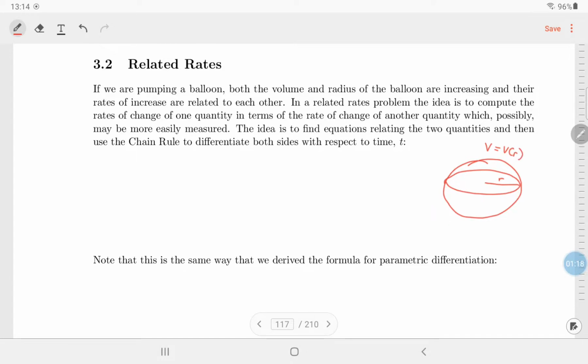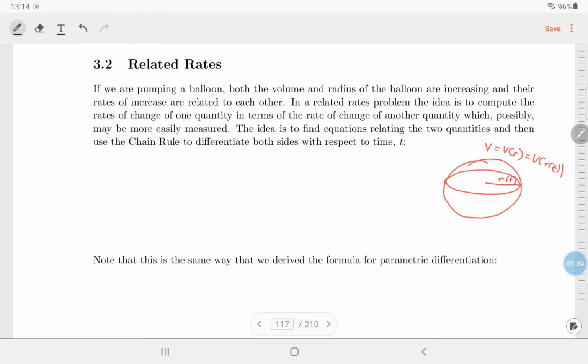But if there's a change in time, you have the volume as a function of radius, but the radius is a function of time. And so what we're going to do, I think, is differentiate the volume V of R(t) with respect to time and see what we end up with.